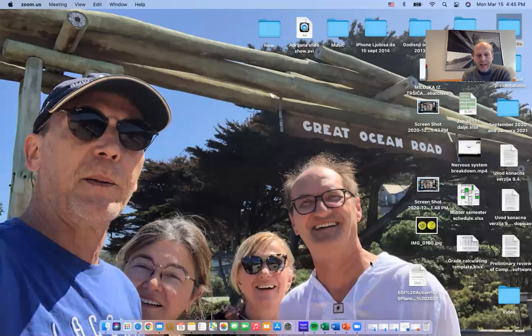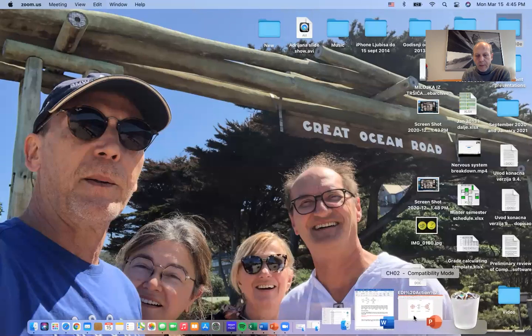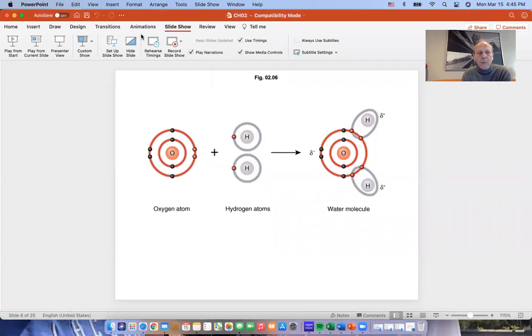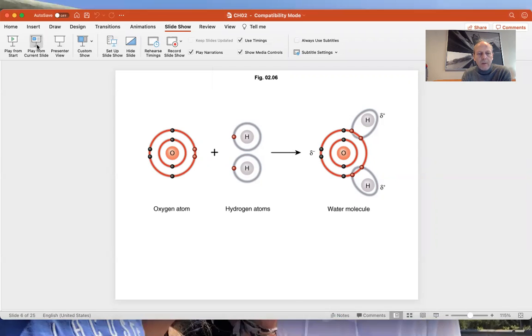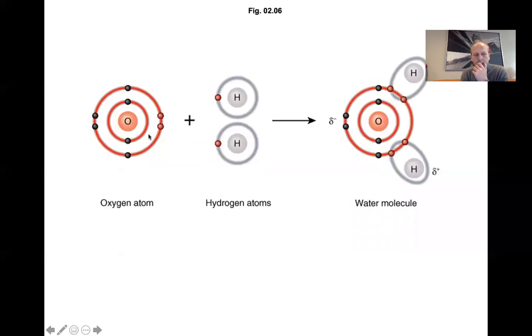So let's take a look at the picture that illustrates it, and I believe that we can generate sufficient information to understand it a bit better. So we have here oxygen that we know would be made of 8 protons in its nucleus, accompanied by 8 electrons circulating in the orbit shell.